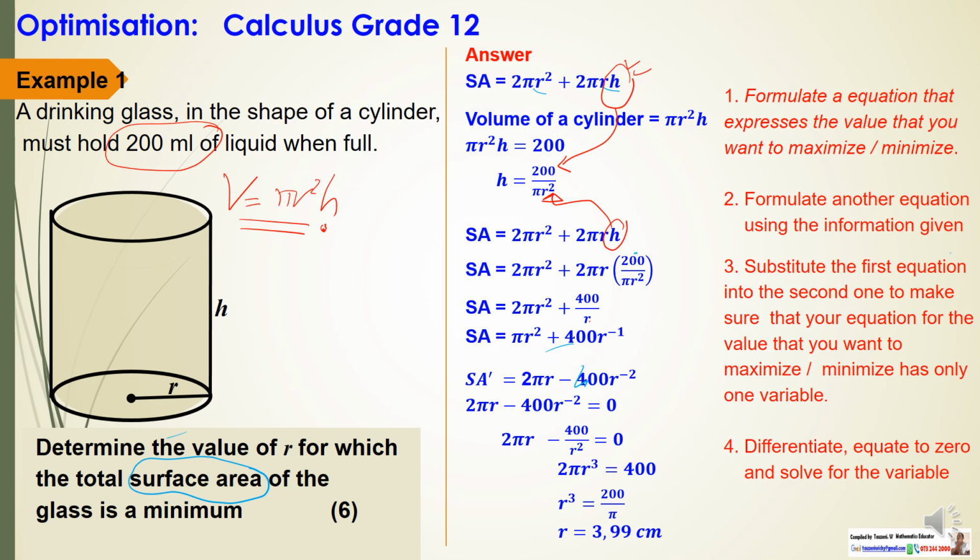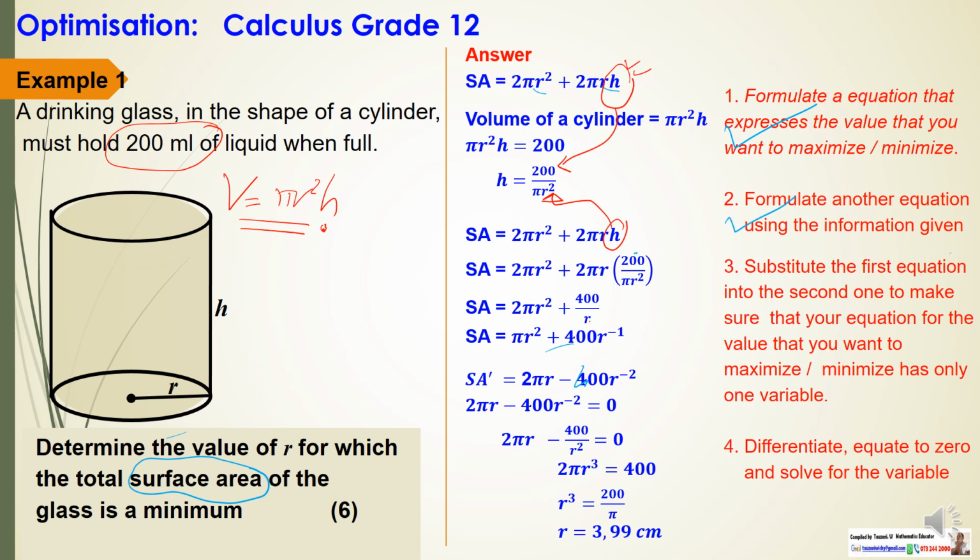So just to quickly go through the steps again, you read your question to understand it. Then number 1, formulate an equation that will represent the quantity that you want to maximize. If your expression has more than one variable, you formulate another one.